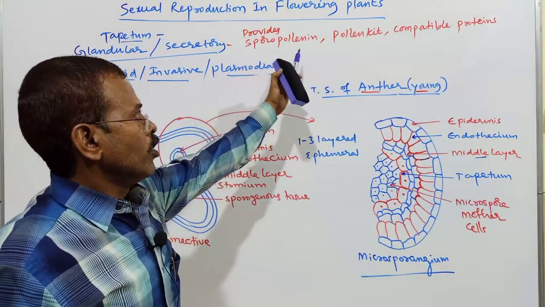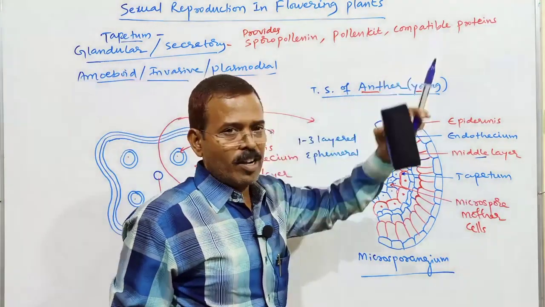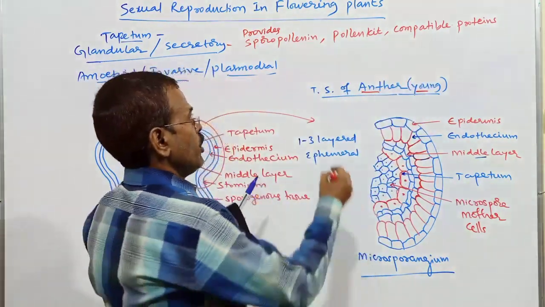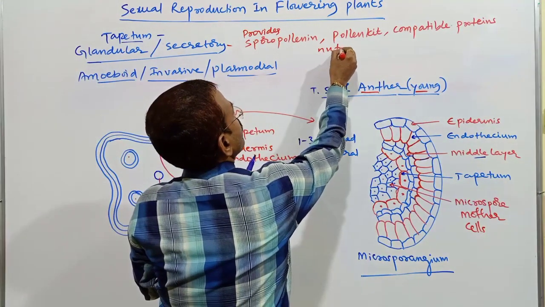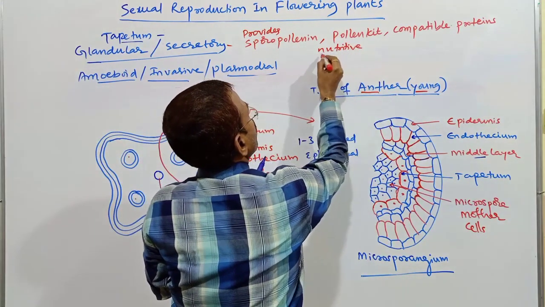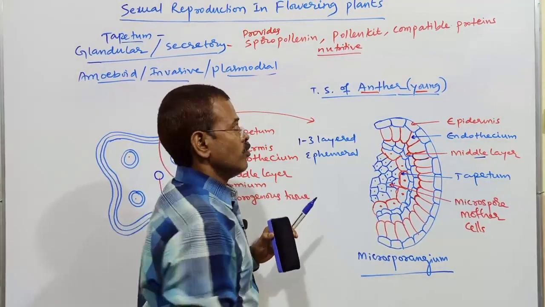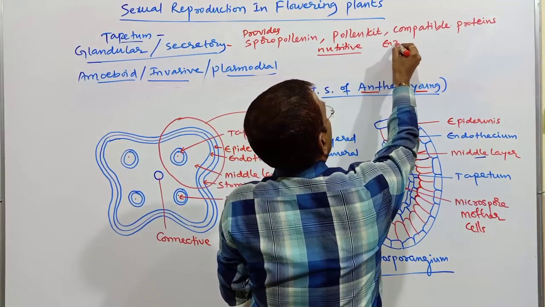Sporopollenin, pollen kit, compatible protein. It is nutritive, provides food material. It secretes enzymes.